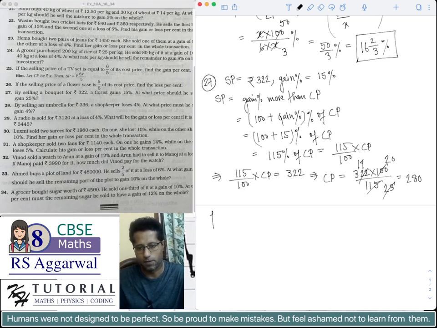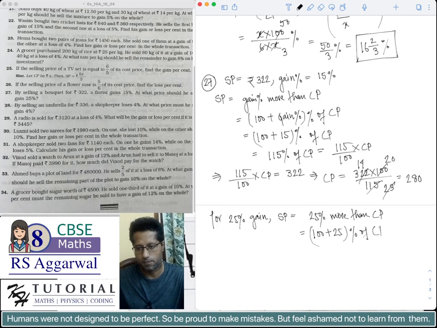So for 25% gain, the selling price must be equal to 25% more than CP. 25% more means 100 plus 25% of CP.